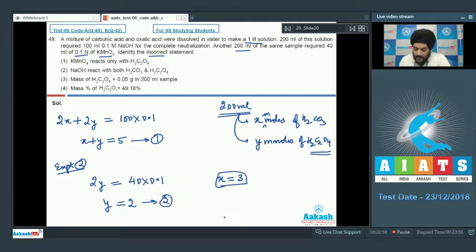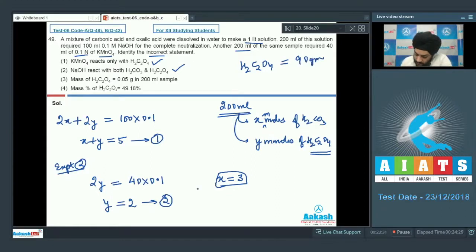So students, if you look at the options now, KMnO4 reacts with only H2C2O4. This statement is correct. NaOH reacts with both H2CO3 and H2C2O4. This is correct, students. If you look at the third statement now, mass of H2C2O4 is equal to 0.05 grams. If we talk about H2C2O4 in the 200 ml sample, we had already calculated the millimoles, that was equal to Y. And the molar mass of H2C2O4 is equal to 90 grams.